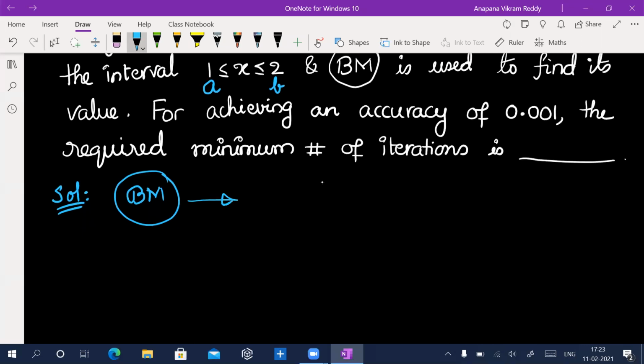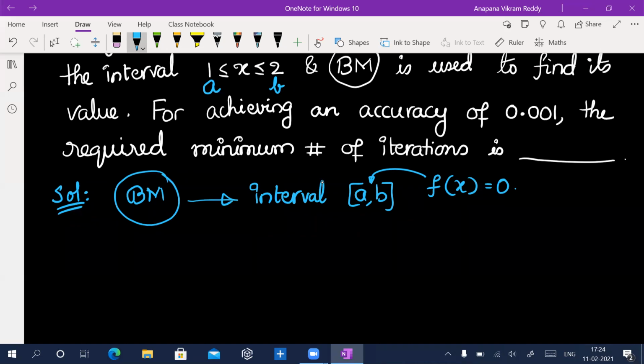So I have my interval AB, and somewhere within this interval, f of x must be 0. That's it. I know this very well. Okay, so now A is equal to 1 and B equal to 2.